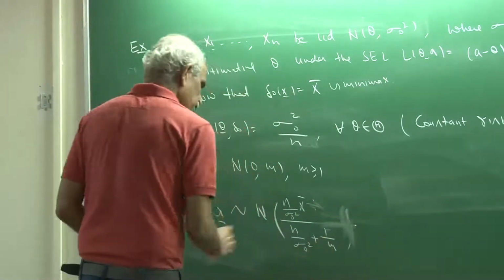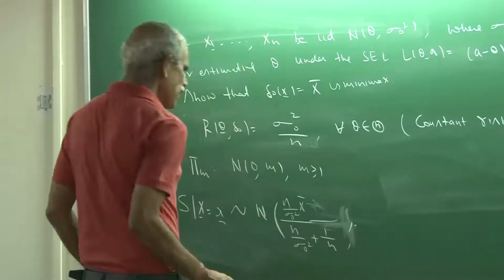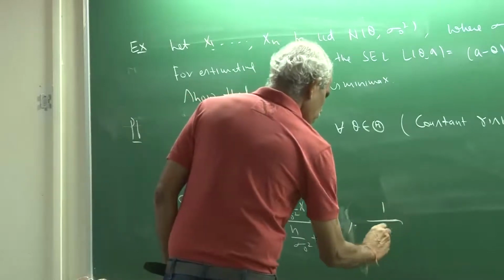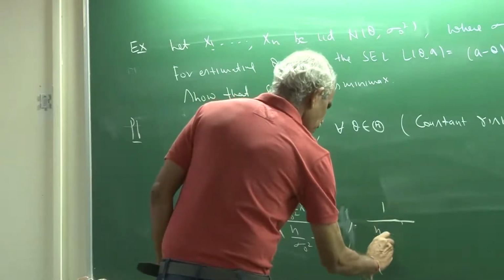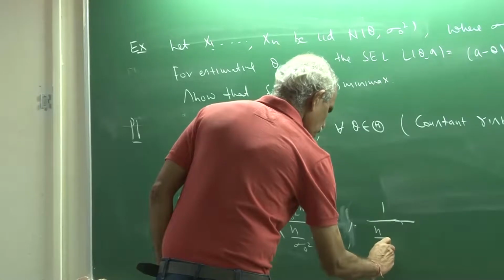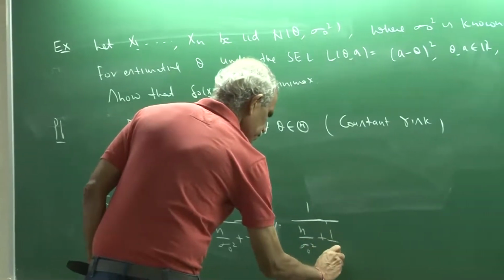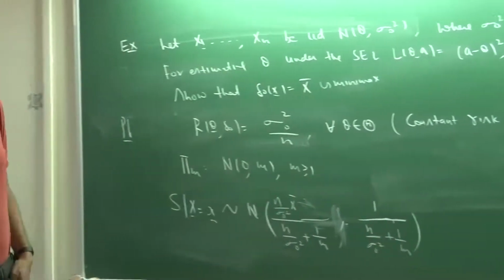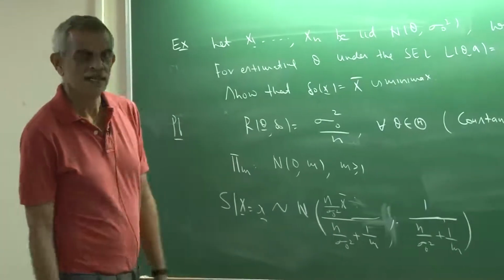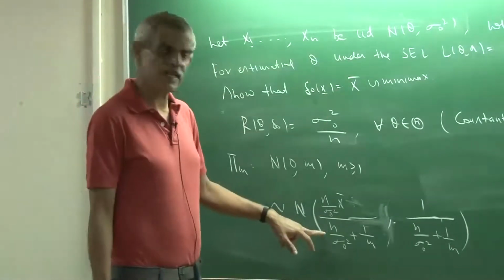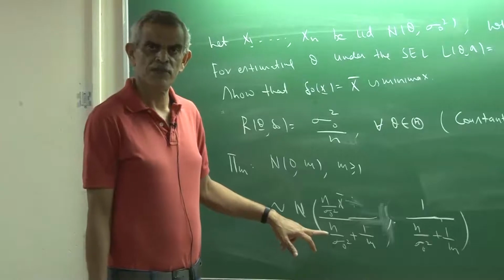So this, and what is the variance? Variance is 1 upon n by sigma naught square plus 1 by m. Now for the square error loss function, the Bayes estimator is the posterior mean.